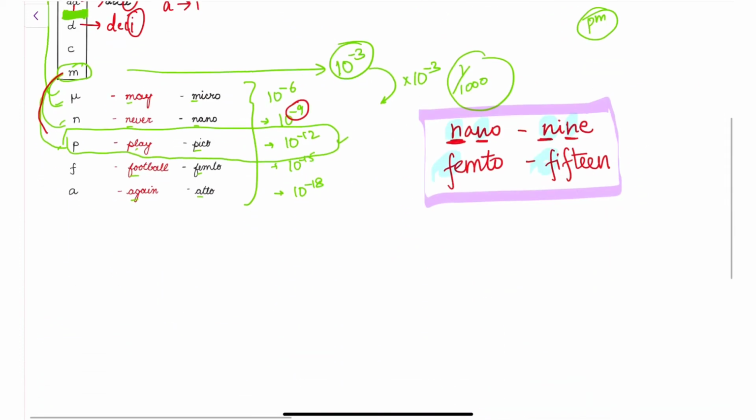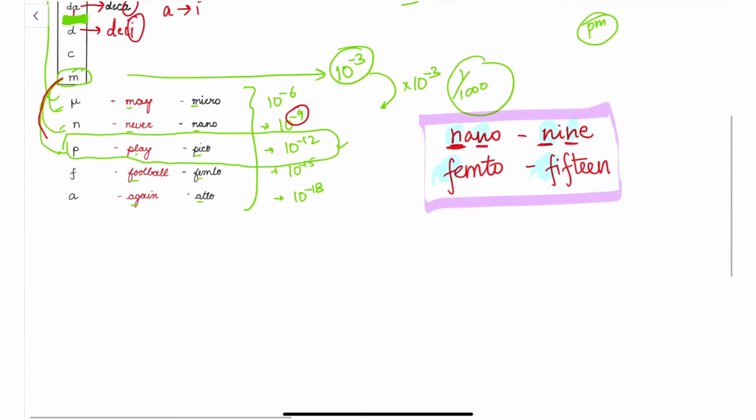Just like you had z and y over there, here also you will have z and y: zepto and yocto. The multiples would be 10 power minus 21 and 10 power minus 24.